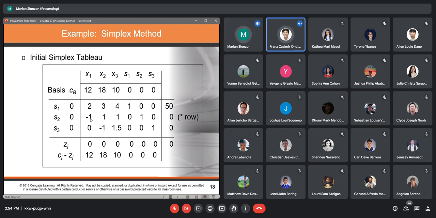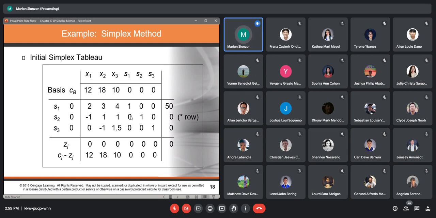Negative 3. Subtract from 2. So 2 minus 3. This becomes 5. Multiply by 3, subtract from 3, this becomes 0. Multiply by 3, subtract from 4, this becomes 1.